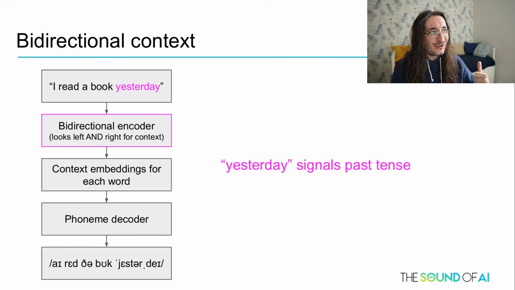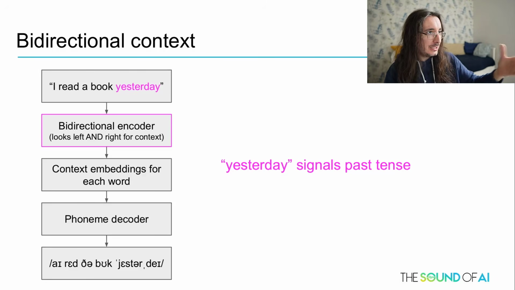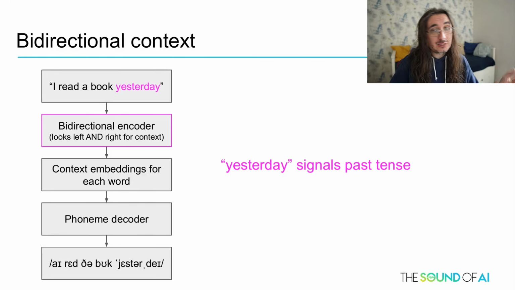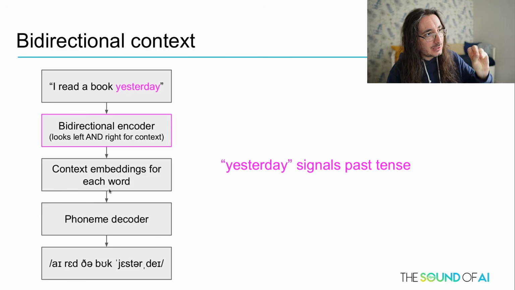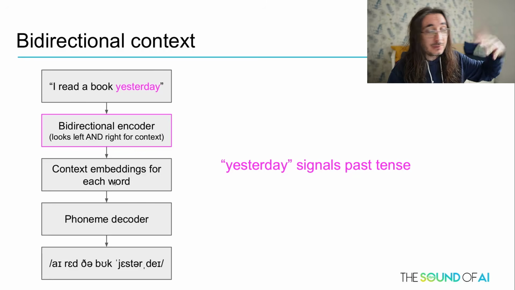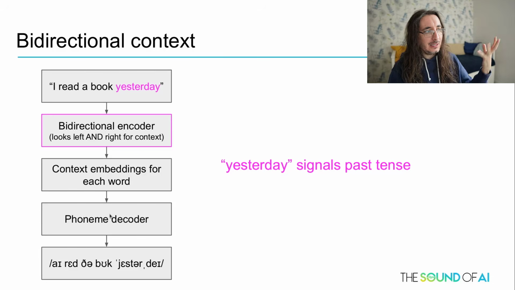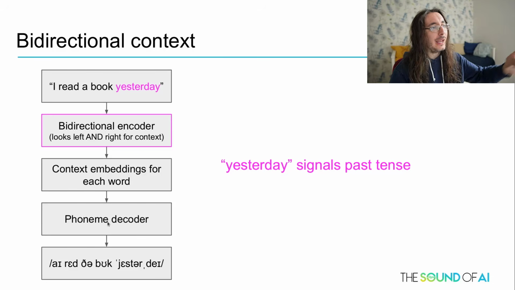So we know that read is not pronounced "reed" but "red", because it's past tense. All of that information gets embedded into the contextual embedding extracted from the bidirectional encoder. Now we pass that context embedding into a phoneme decoder, and we get the correct transcription.